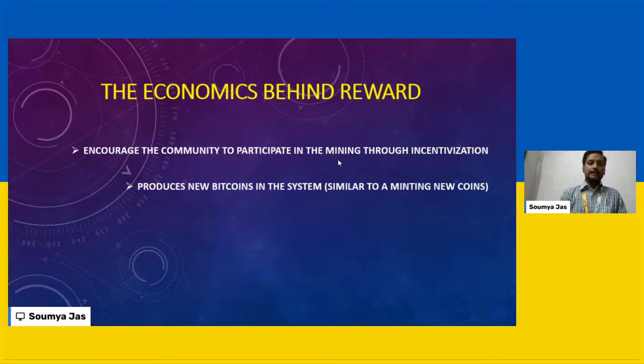Okay, and in that case, this is the idea from which the term mining is actually coming, because it is producing new Bitcoins into the market, into the system.